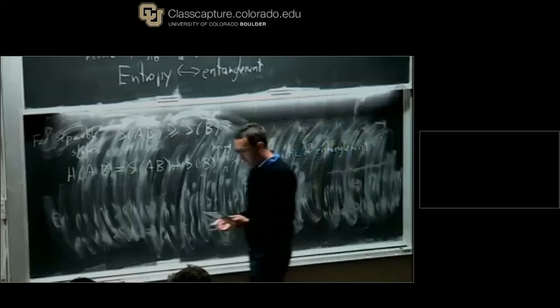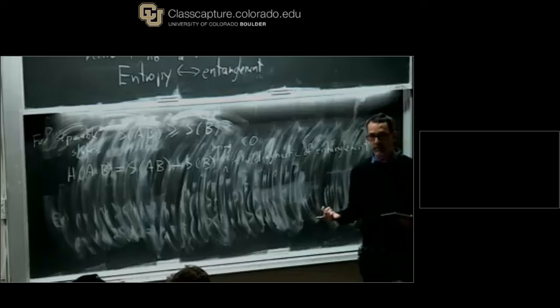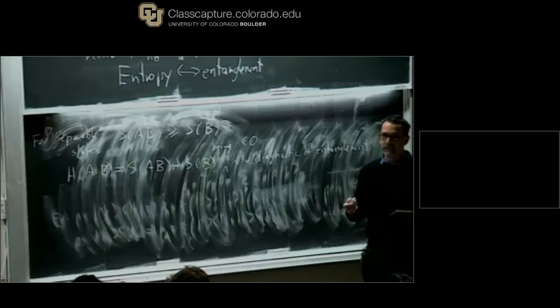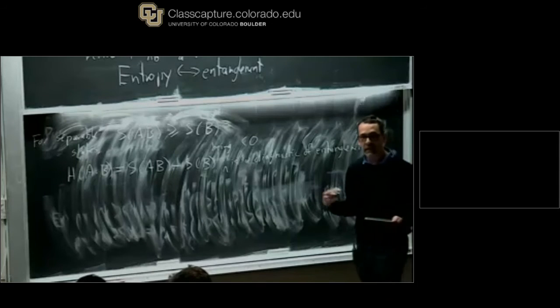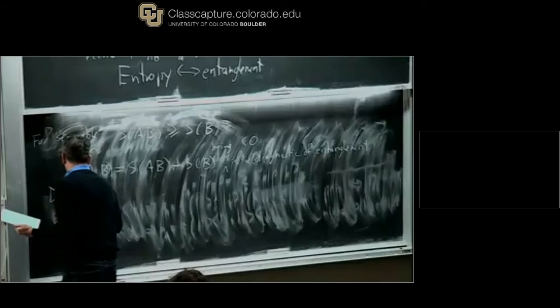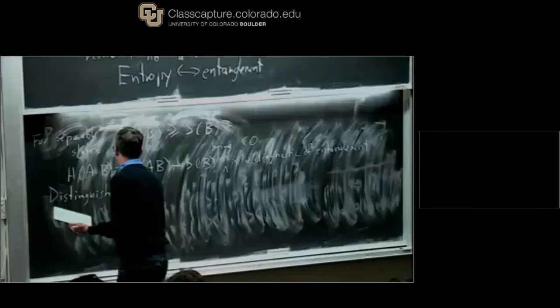And in general, actually, it's very hard to know whether a given state is entangled or separable. In fact, it's proven that it's NP hard. So there's no efficient algorithm for distinguishing between entangled and separable states. And there's nothing like just calculating some von Neumann entropies.